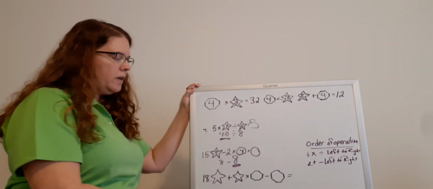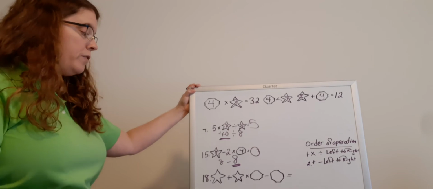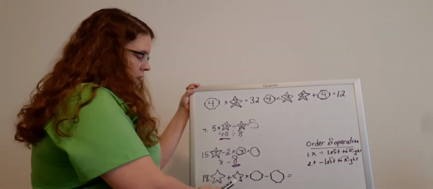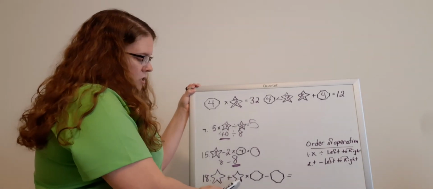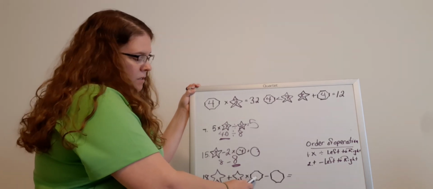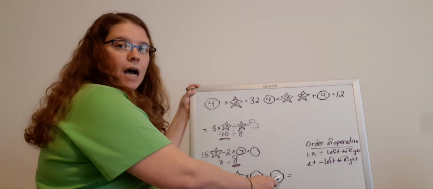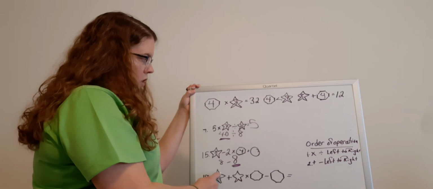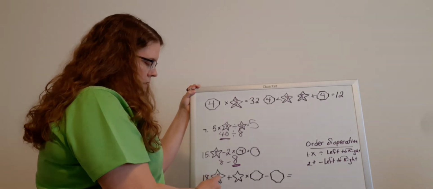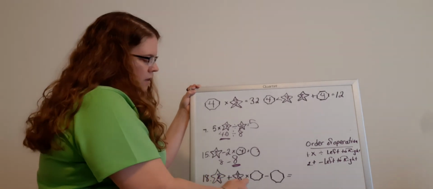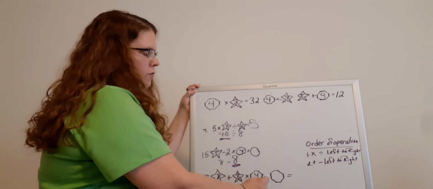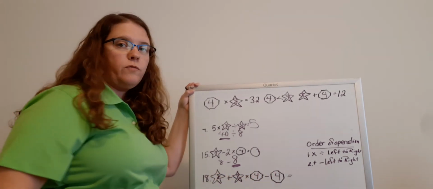All right, last one that I'm going to do with you today is number 18. We have star plus star times octagon minus octagon. So star, put your 8 in there, plus star, which is an 8, times octagon, which is a 4, minus octagon, which is a 4.